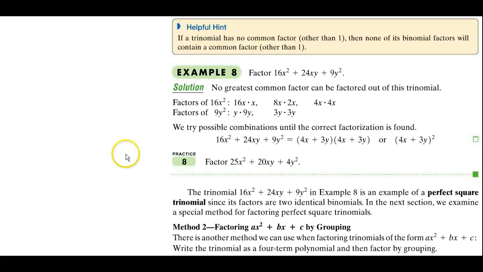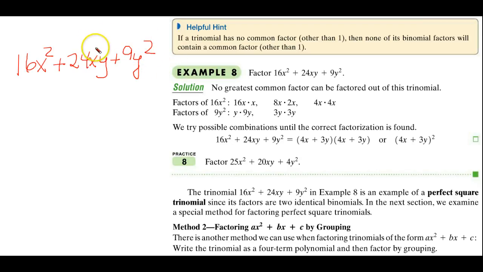Okay, so let's do example 8. So we have 16x squared plus 24xy plus 9y squared.